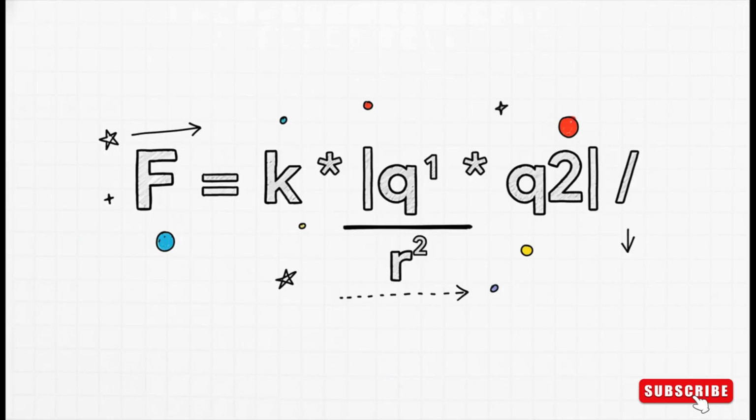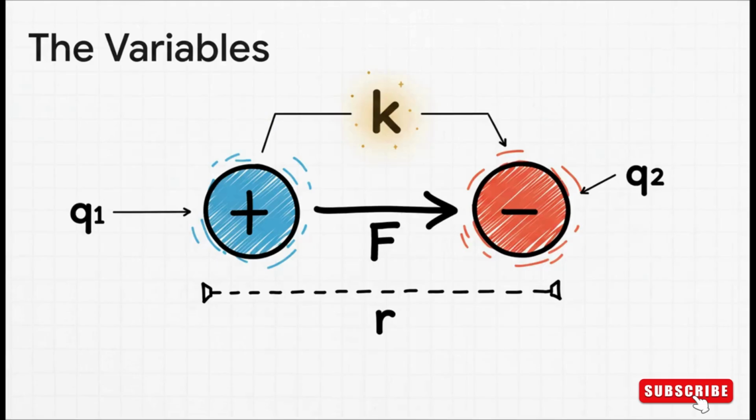And this is it. This is the famous equation that wraps it all up. I know. It might look a little intimidating with all the letters and symbols, but once you know what each piece does, I promise, it becomes your best friend for tackling these kinds of problems. So let's just break it down real quick. F, that's the force. That's what we're trying to find. The Q1 and Q2, that's just how much charge is on each of our two particles.